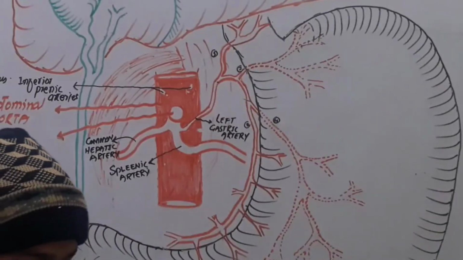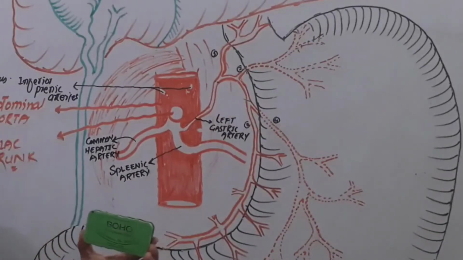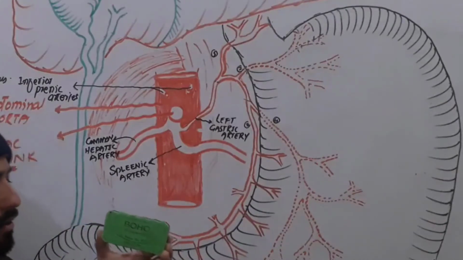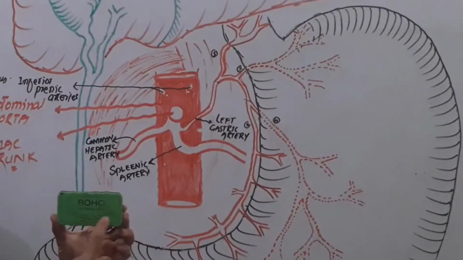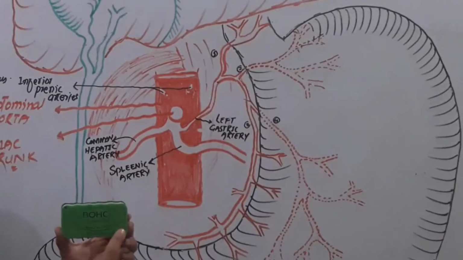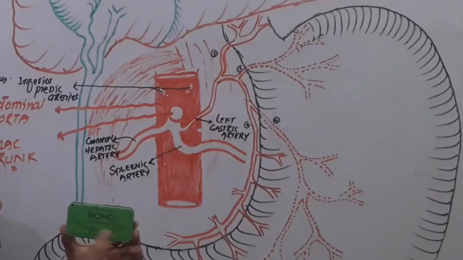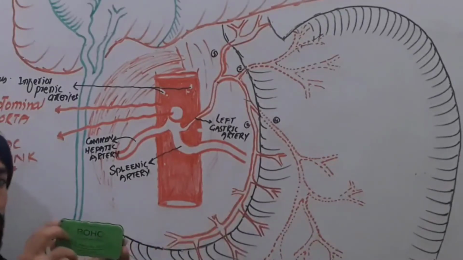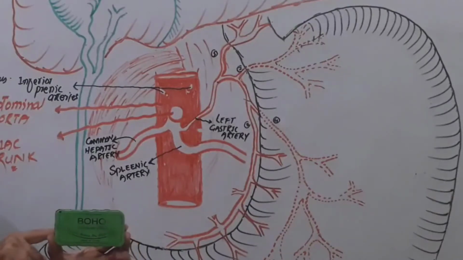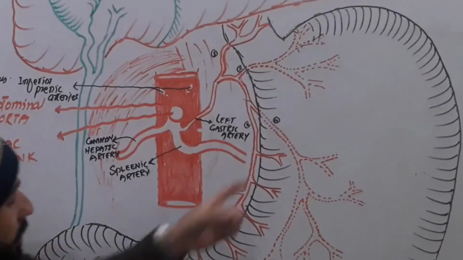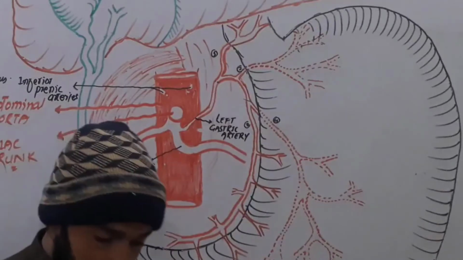If this is any viscera, any organ, those arteries which are coming to the front of this are shown in the dark manner, and those arteries which are going to the posterior aspect I have shown in dotted manner, right?